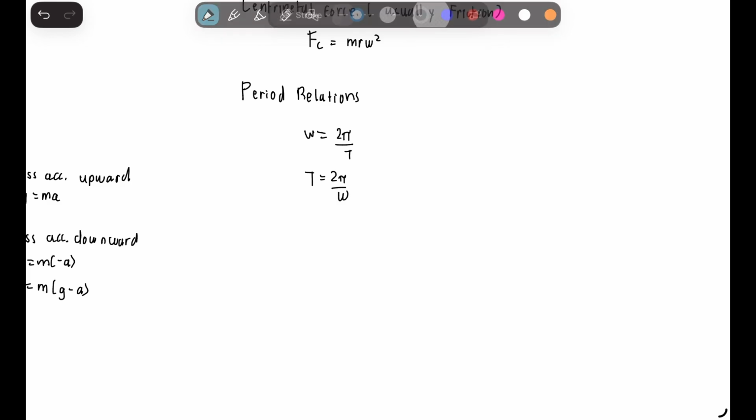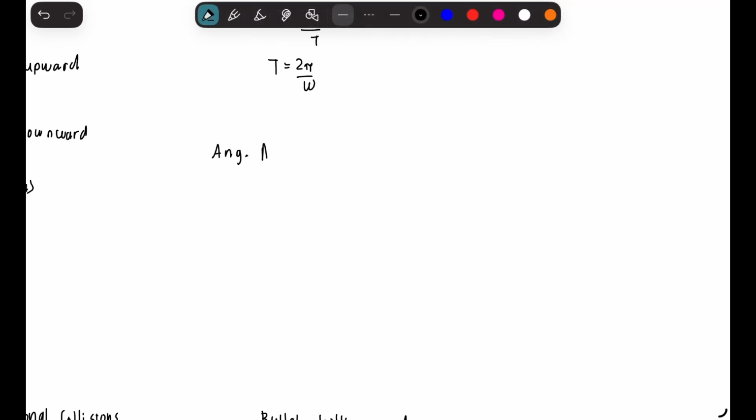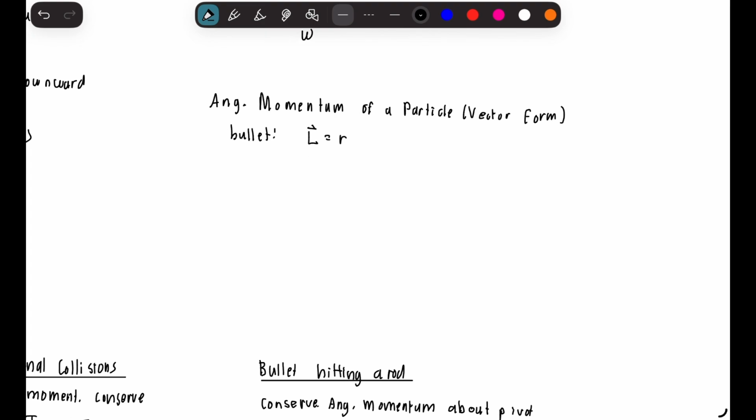Now, in addition, you also have angular momentum of a particle in vector form. So this is going to be when you have the bullet. You know that angular momentum L is equal to r cross p.